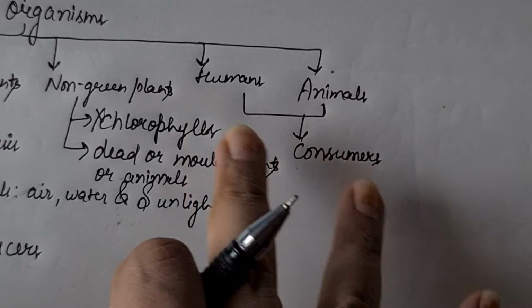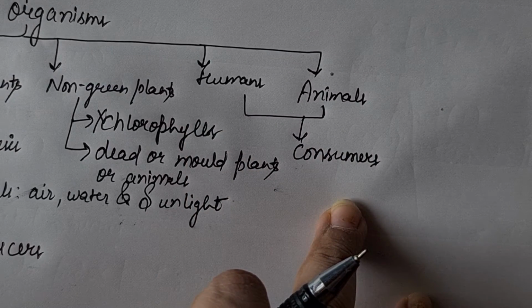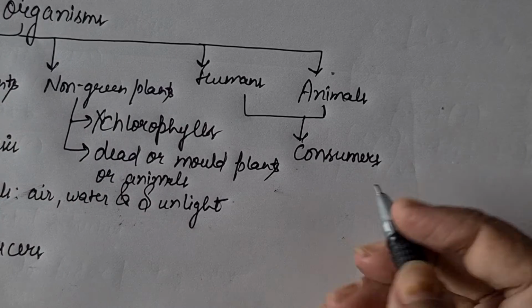So humans and animals are the consumers who consume their food from the producers as well as from the animals, or you can say dead animals. Done. So these are the consumers.